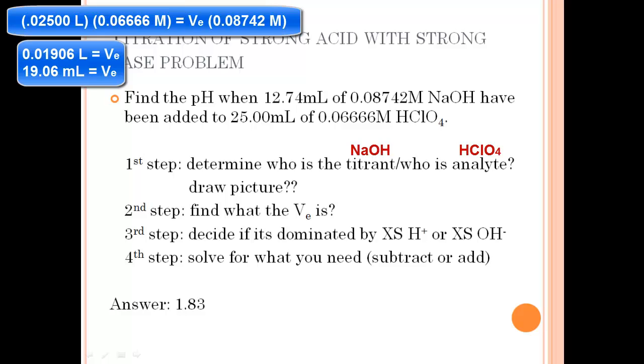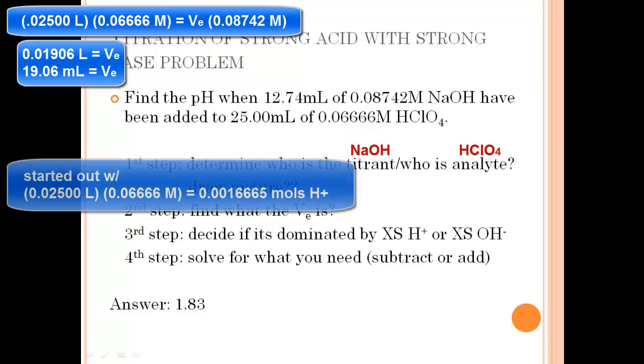Now, they want you to find the pH at 12.74 mL of base added. This is obviously before the equivalence point. So who is this region dominated by? It's going to be dominated by acid. To find the pH, you first figure out how many moles of H+ I started with. I started with 0.0016665.